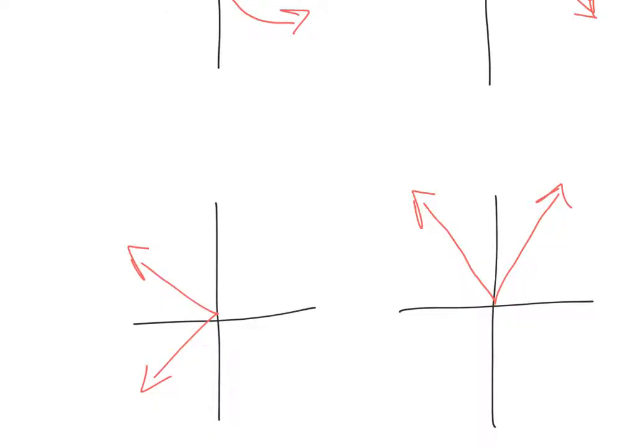Here are 4 examples of graphs. And so you can go ahead and pause the video and see if you can figure out if they are functions or not. And I'm going to fill in the answers for you right now. So this first graph here, this is a function.